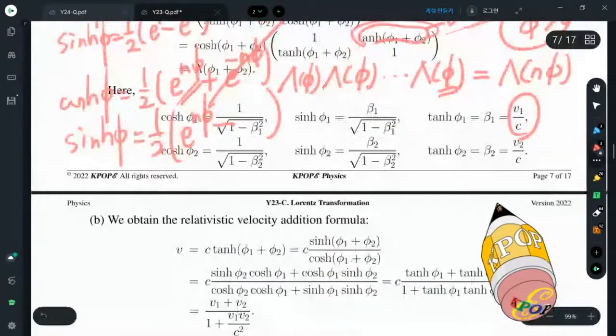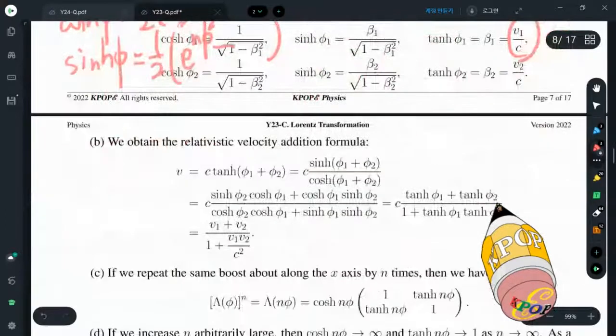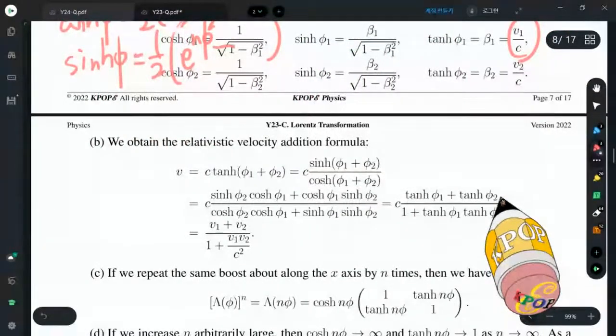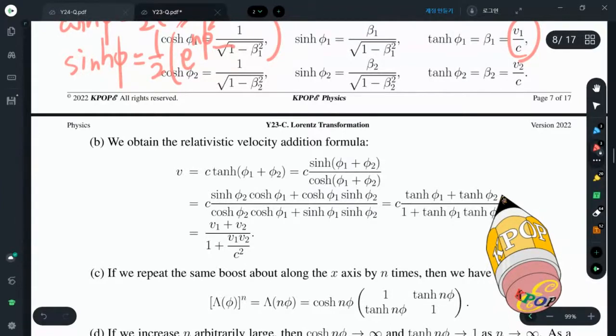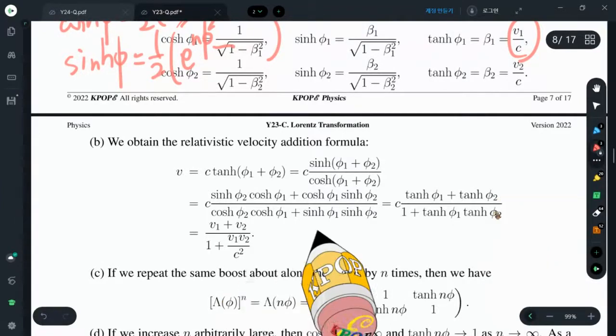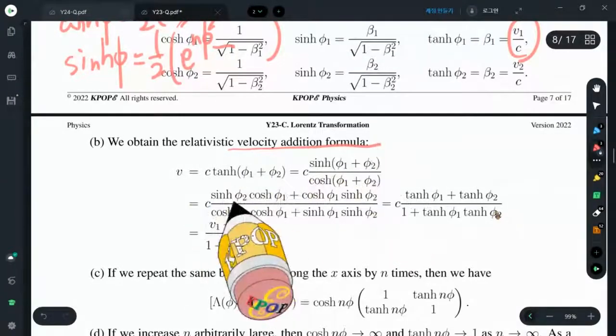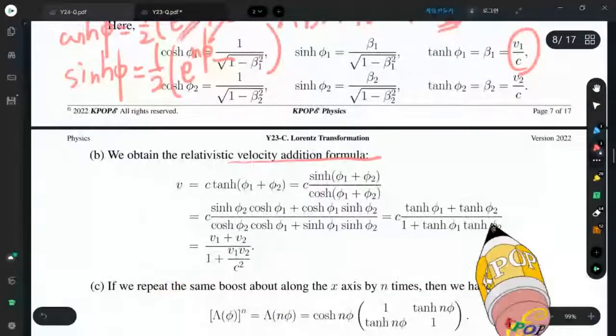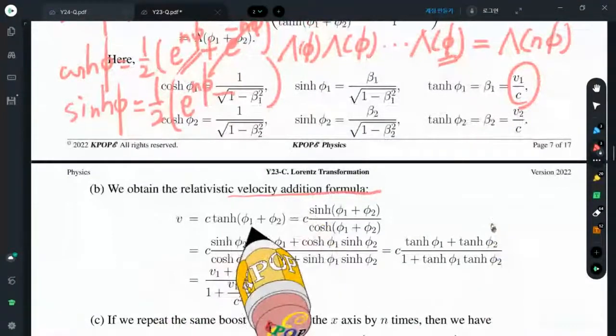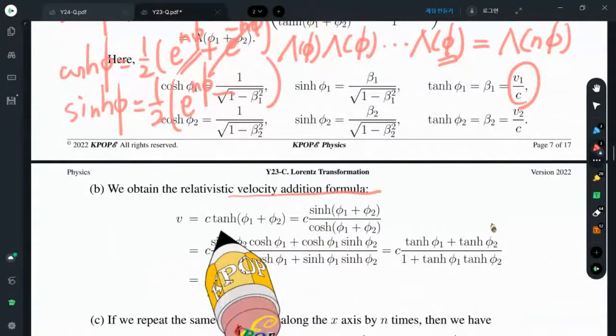And the uninteresting hyperbolic formula you learned in mathematics is actually of great interest in our analysis of velocity addition. According to our previous analysis, tangent hyperbolic is v over c.